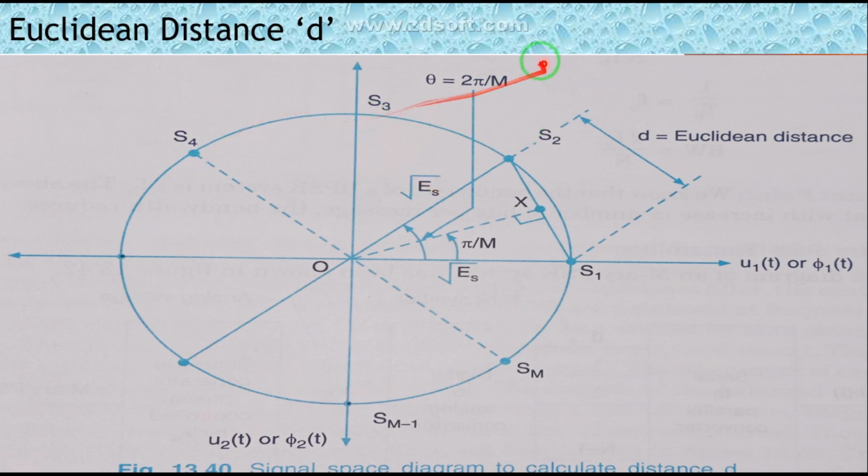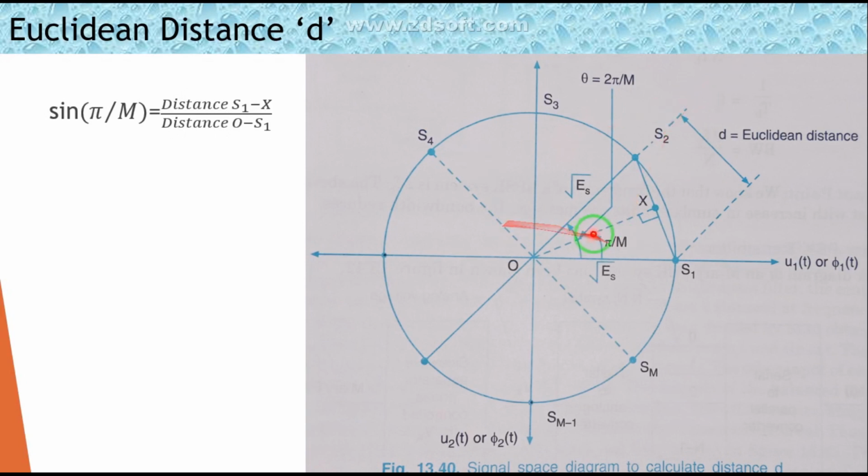How to remember 2 pi? 2 pi represents 360 degrees, which is just a complete circle, and we have to divide this circle into segments, which is given by the value M. So if M is 4, we divide into 4 parts. If it is 16, then 16. Understood? Now we are going to find the Euclidean distance.